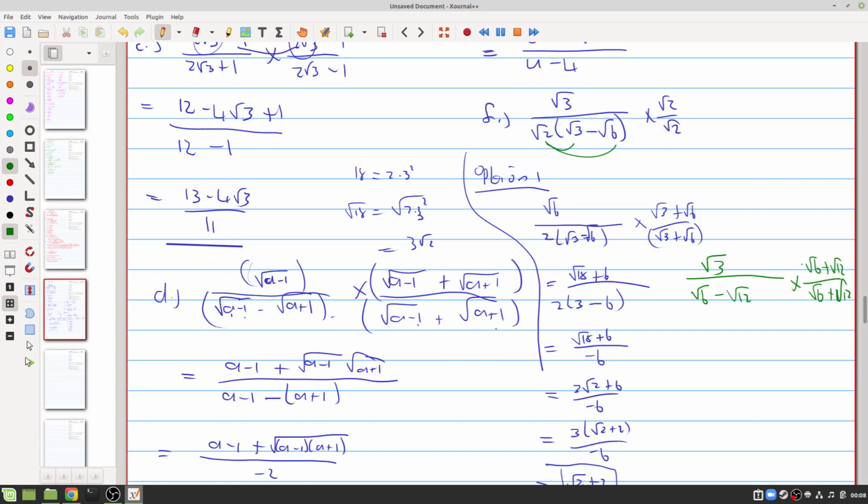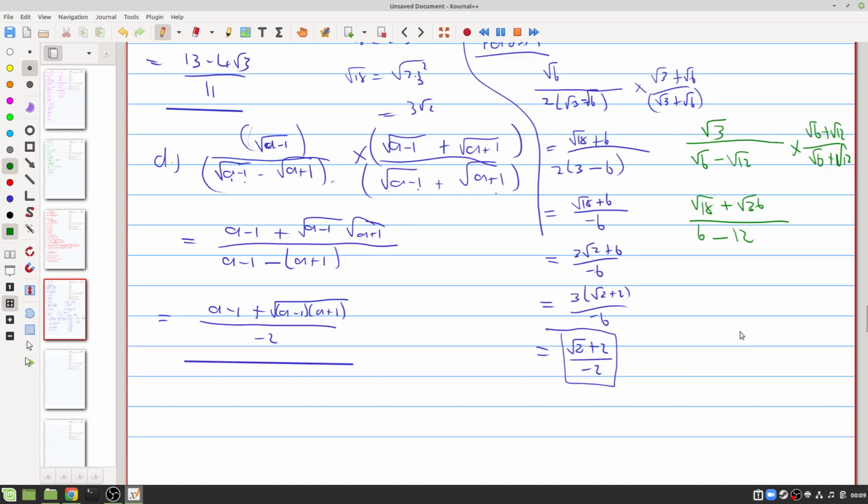Okay, so at the top, square root 3 times square root 6 is square root 18, plus, and then square root 3 times square root 12 is square root 36, over, again, square root 6 times square root 6 is going to be 6, minus, and square root 12 times square root 12 is going to be 12. So then, at the top, let's simplify both of these.